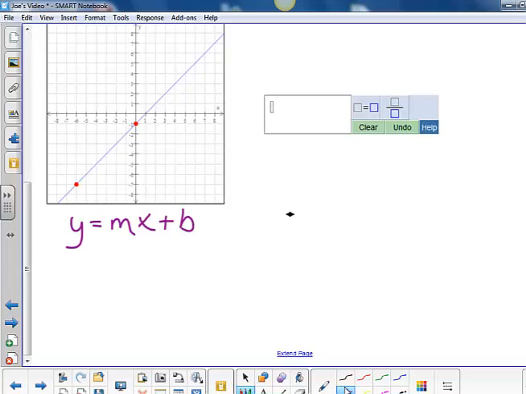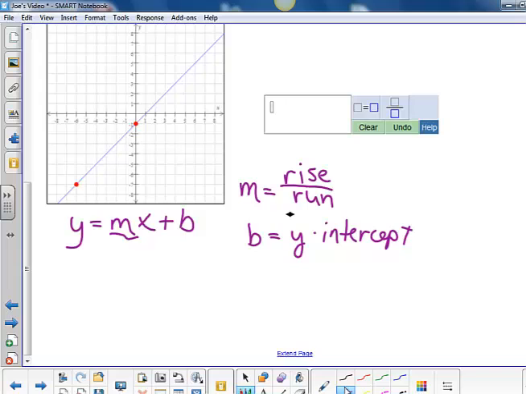M is my slope, and b is the point where the line crosses the y-axis. Looking at where this line crosses the y-axis, I see that it crosses at negative 1. So b equals negative 1.